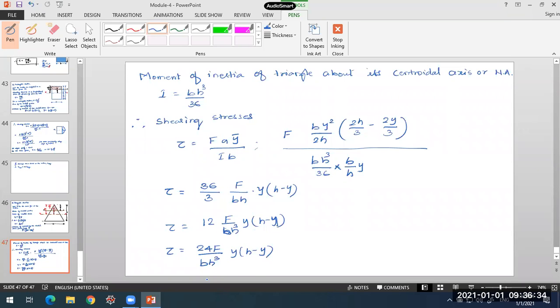So you should be able to come up with this particular expression: tau is equal to 24 F upon b h cubed into y into h minus y. This also varies parabolically here.